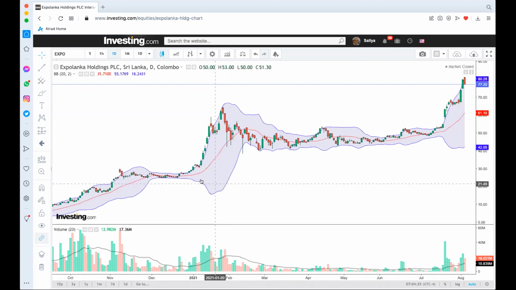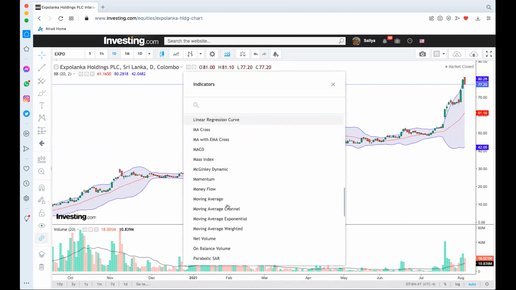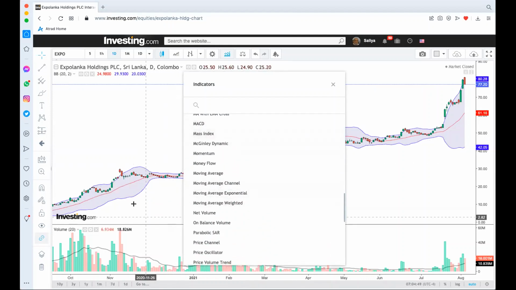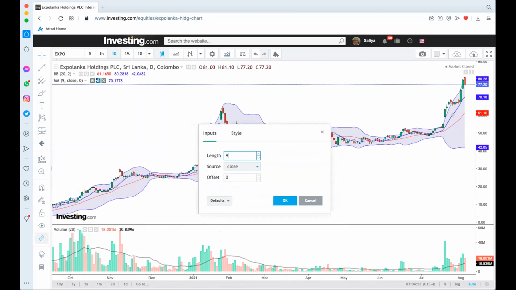calculated. And the reason why we say this middle line is the 20 period simple moving average can be seen if you add a 20 period simple moving average into the chart itself, and you will see that the middle line is exactly the 20 period moving average.